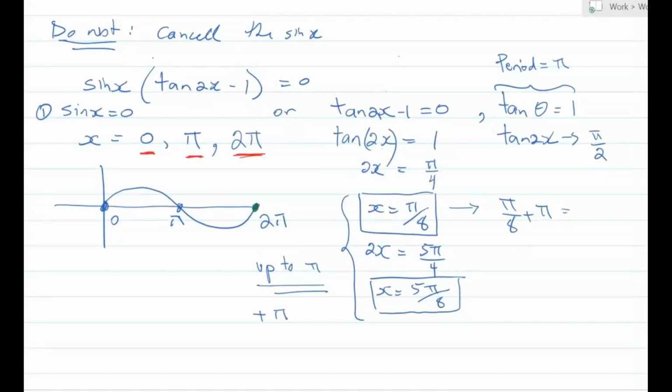In this case, we end up getting 9 pi over 8. So that's the next solution. And here as well, the same thing, 5 pi over 8 plus pi, and in this case we will get 13 pi over 8.